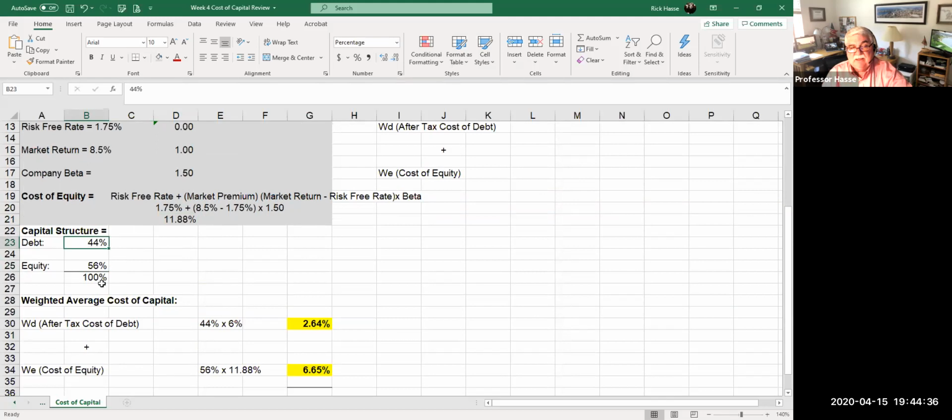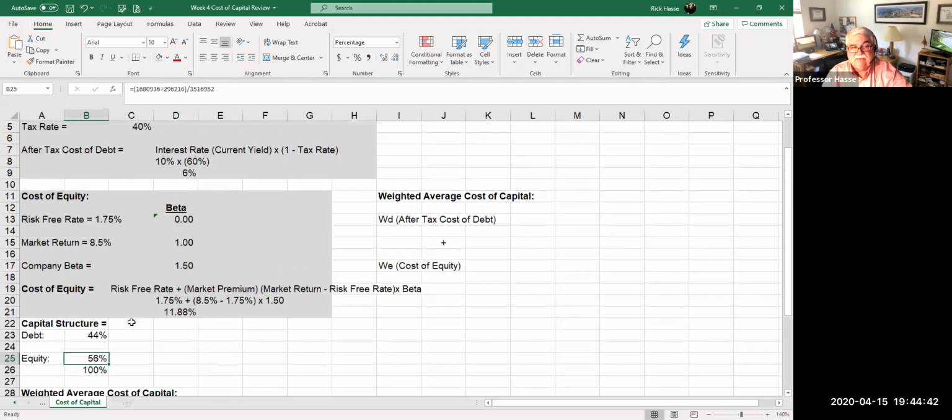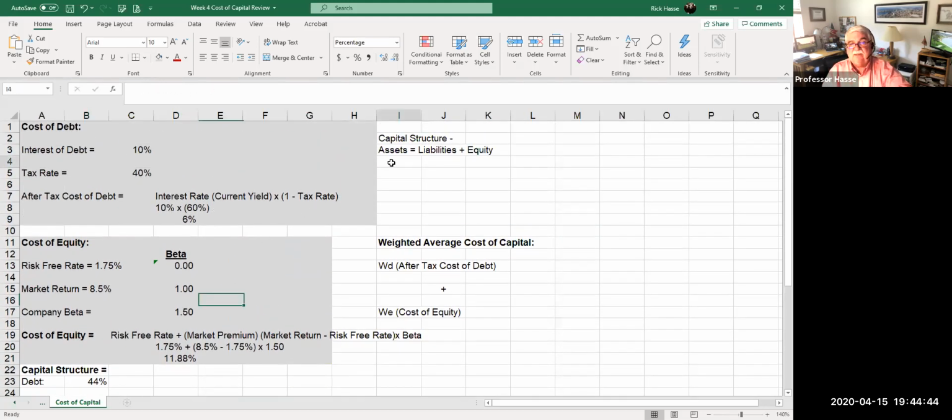That's 100%. That's how the assets are funded. So in this equation, 100% equals 44% debt plus 56% equity. That's their capital structure, 44 and 56.